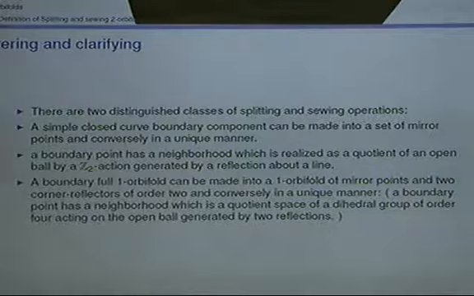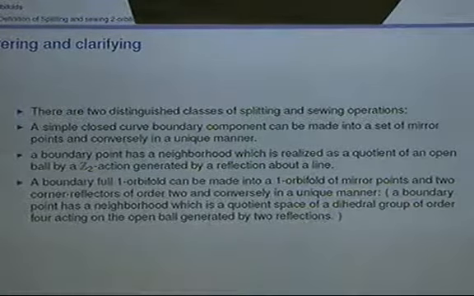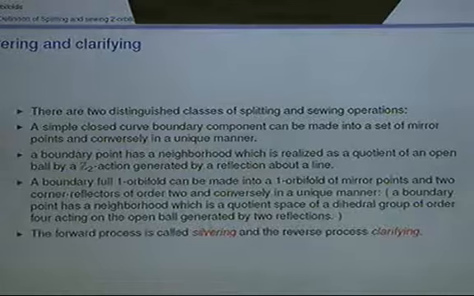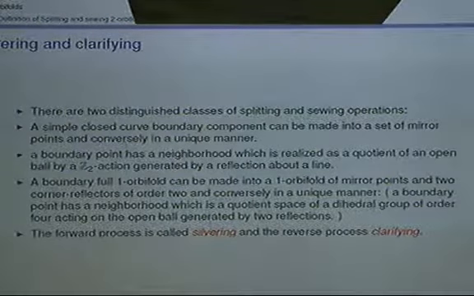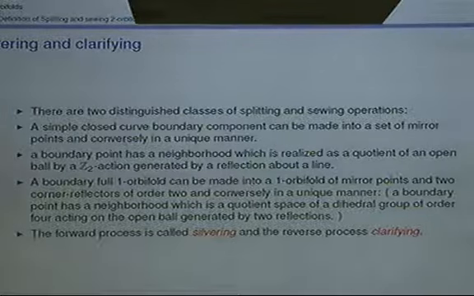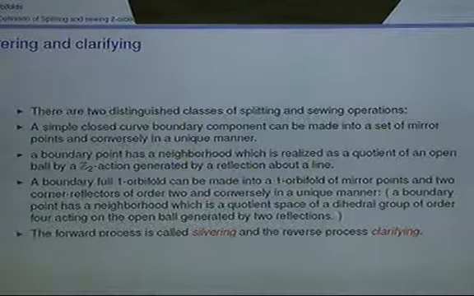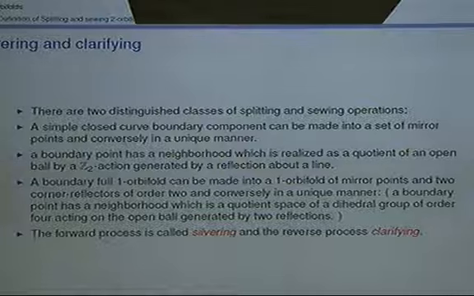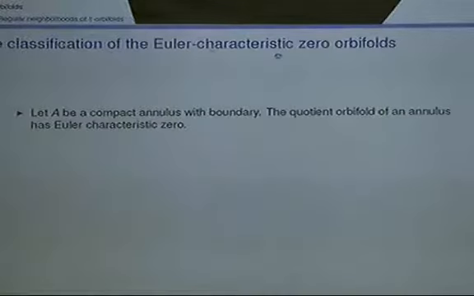Then you have to give order 2 corner reflector structures there, and that's called a silvering process. And another thing is clarifying: once you have 2 corner reflectors that are adjacent, you can just remove this silvering and make it into true boundary. Okay? So that's another topological operation. So I talked about this, so there are actually 4 types of these operations here.